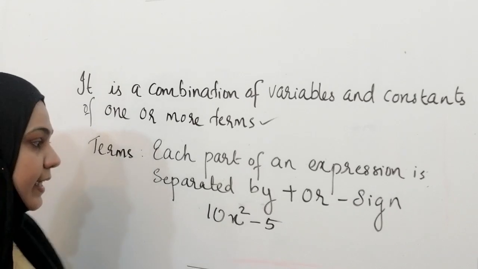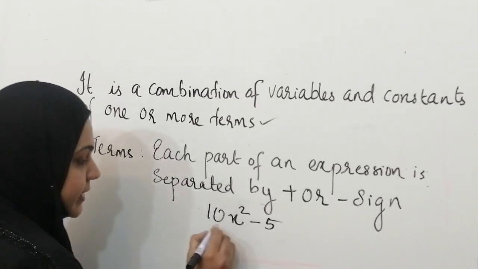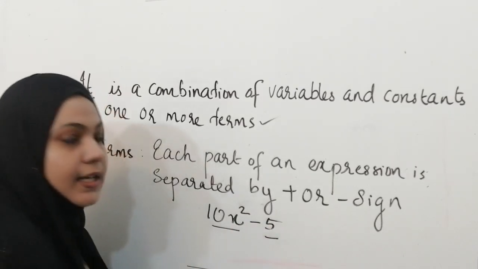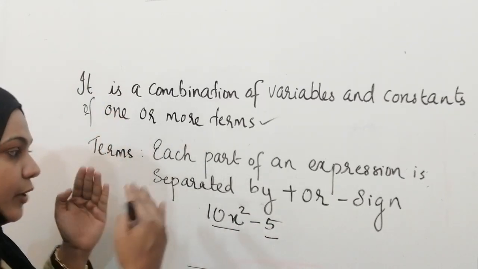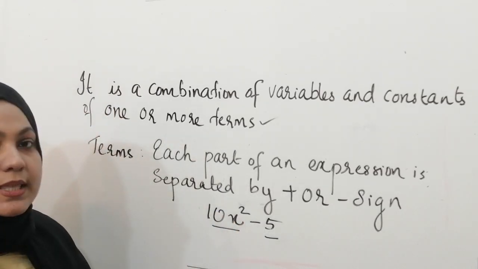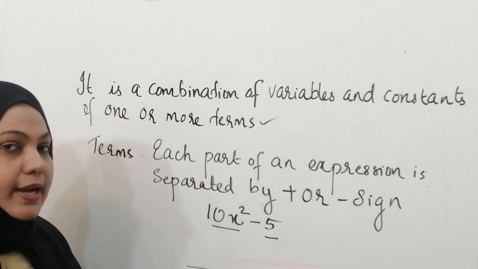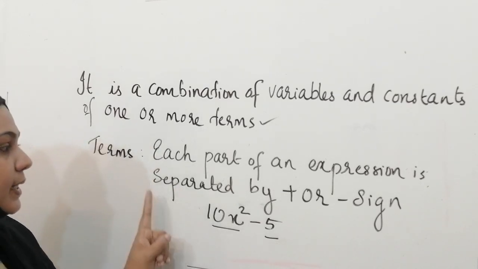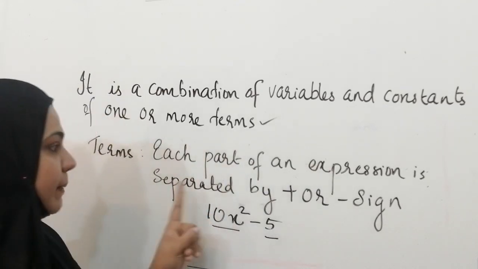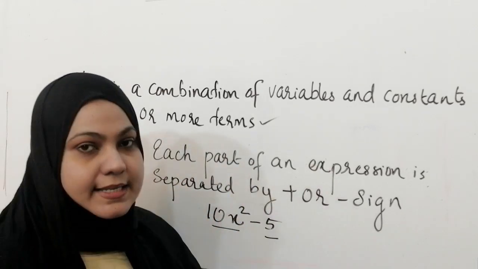Here you can see the terms. This is the first term of this expression and 5 is the second term. These two terms are separated by this minus sign. So did you understand what a term is? A term is each part of an expression separated by a plus or minus sign.